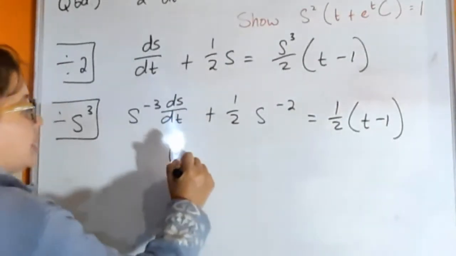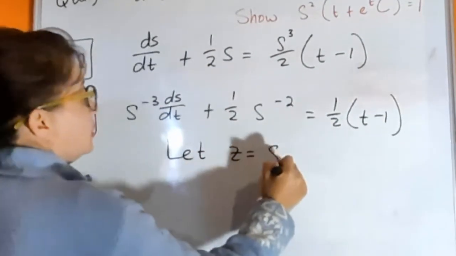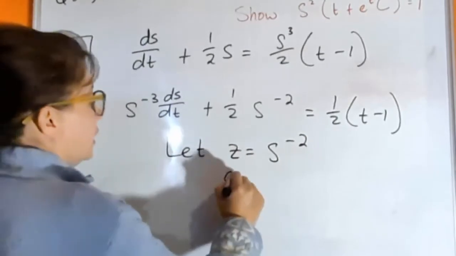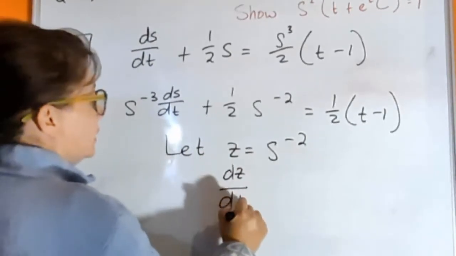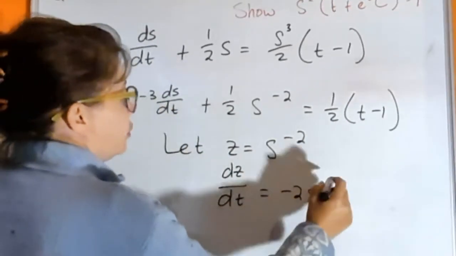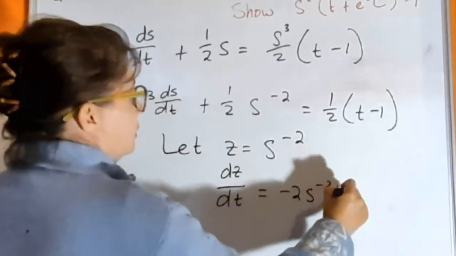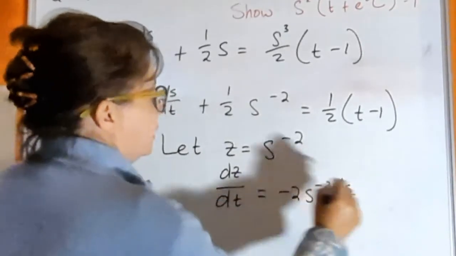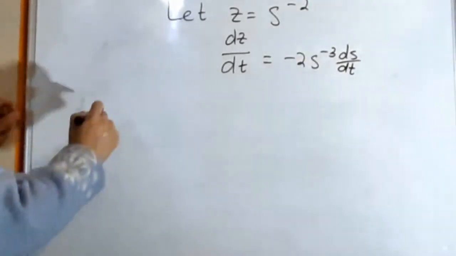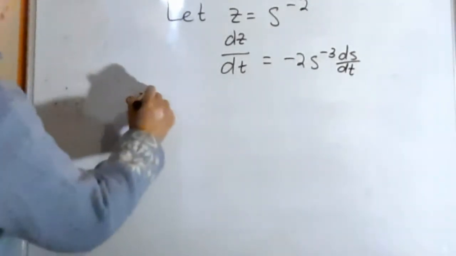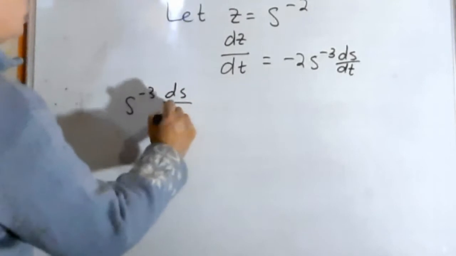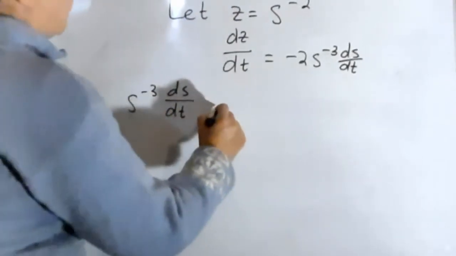So I'm going to say, let z equal s to the minus 2, and then dz dt is going to be minus 2s to the minus 3 ds dt. Yeah? So therefore, your equation is going to look like this.